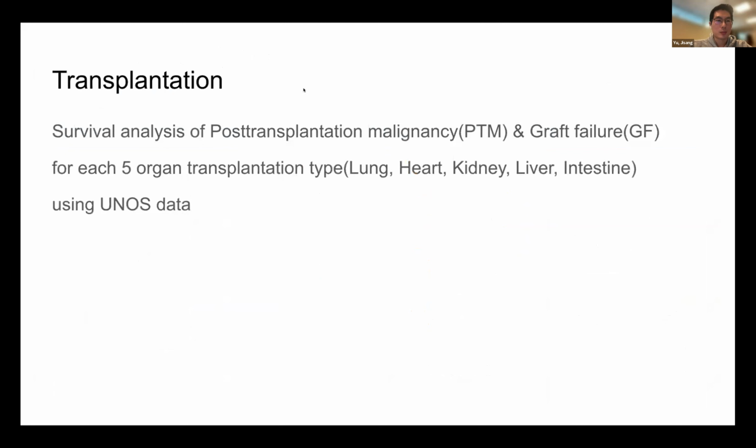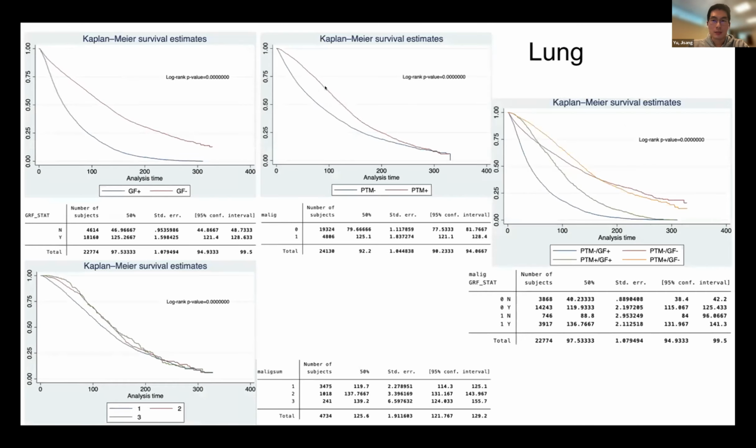And regarding transplantation, I analyzed survival of post-transplantation malignancy and graft failure for each of the 6 organ transplantation types: heart, lung, kidney, pancreas, liver, intestine, with UNOS data. Let me show you lung data first. The upper left is overall survival according to graft failure, and the middle upper one is post-transplantation malignancy, called PTM.